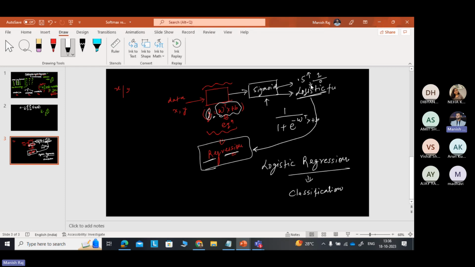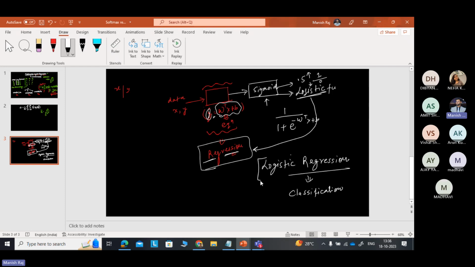This is the story. So you can predict the classification on the basis of this regression and the logistic function. That's why we are saying this is logistic regression. This is the reason for the nomenclature. That part is clear to everyone? Yes or no? Yes.